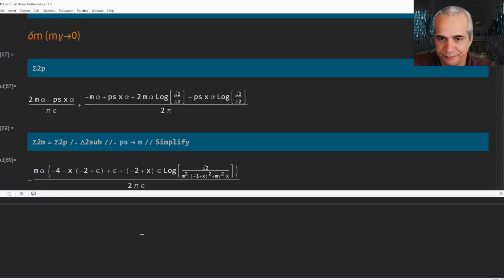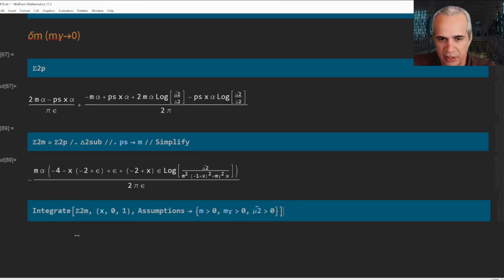So now, in principle, I want to do the integration here. Once again, the command would be this one. I just integrate that from x going from 0 to 1, and these assumptions is just to help. But that takes a while.